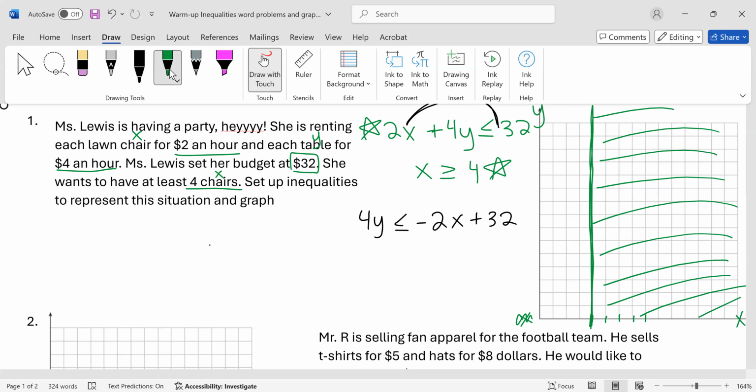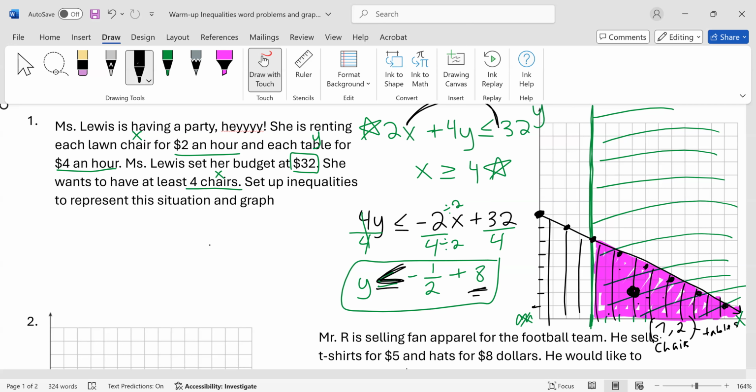You can pick any type of combination in the double shaded area. Because if I do 7 chairs, that's at least 4 chairs, so that works. And 7 times $2 is 14, and 2 tables will cost 8. And that's within my budget. So any point that you pick in this double shaded area will work.